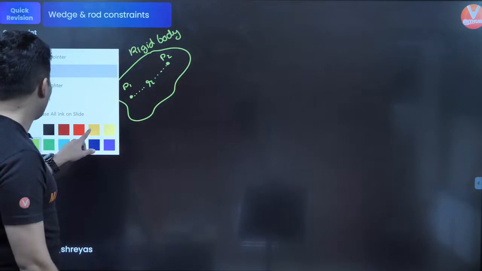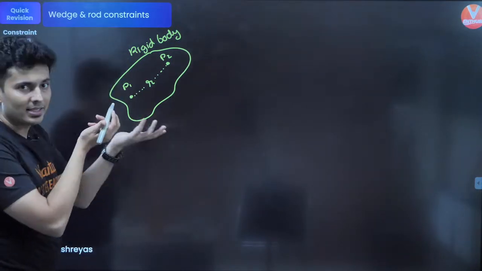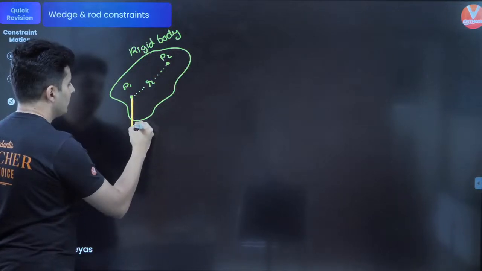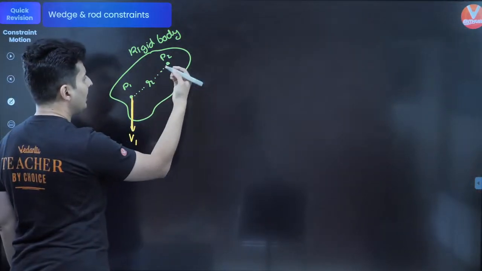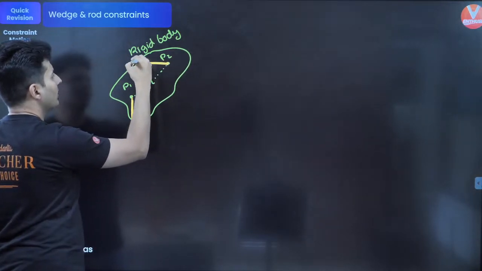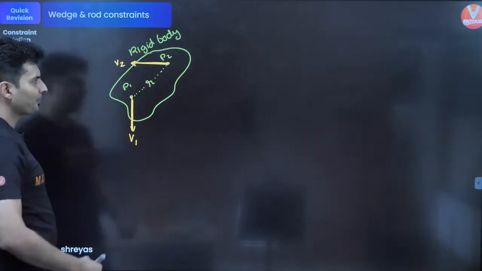Now if it is known or assumed that the velocity of point 1 is V1 and, let's say, the velocity of point 2 is V2.